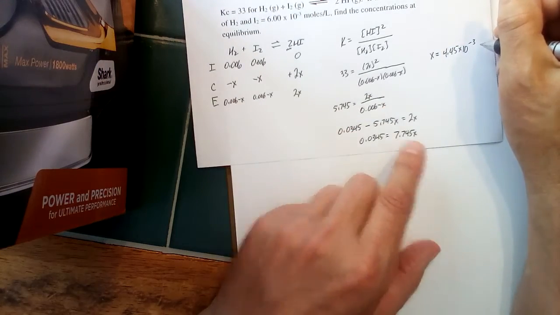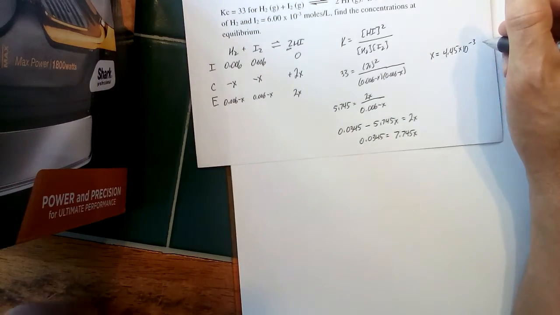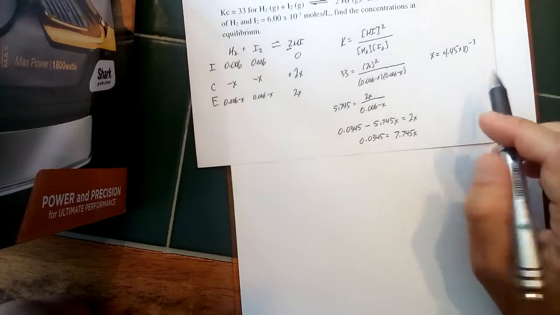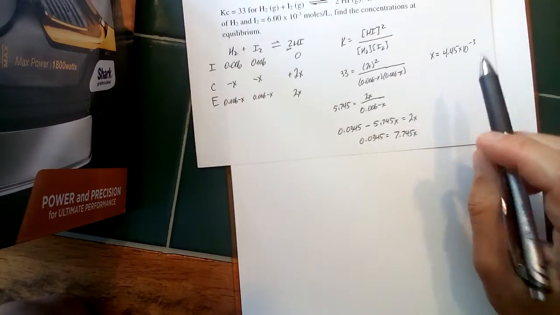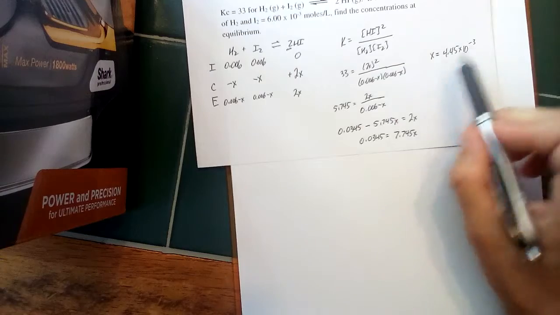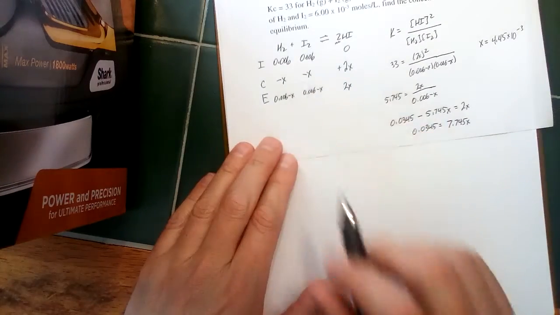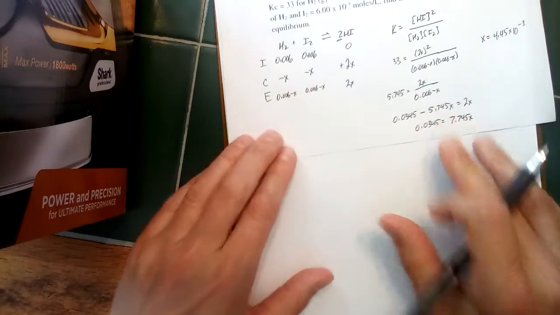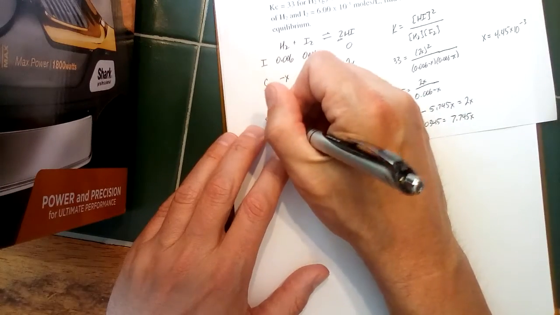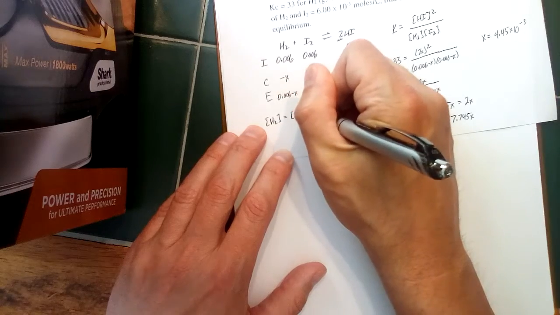Since this x was in different positions back here, we don't really have our final answer yet. But we do have a numerical value for x. So we can take this x and combine it with what we have back in our equilibrium constant expression to get our concentrations. The concentration of hydrogen is going to be the same as the concentration of the iodine.